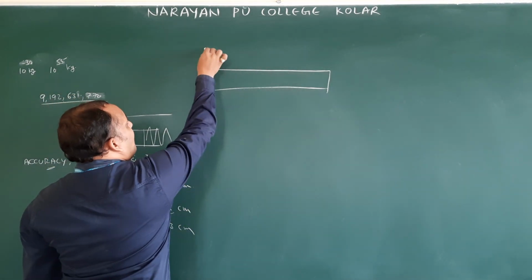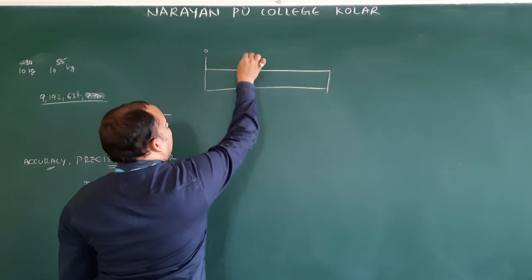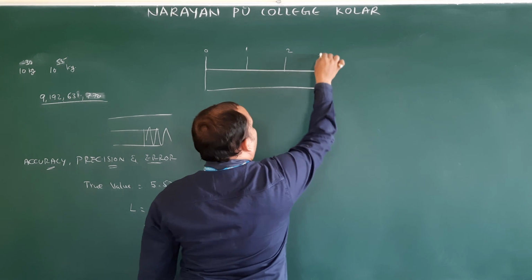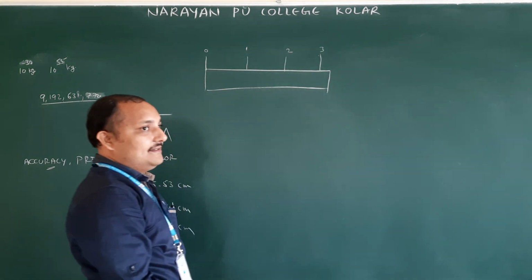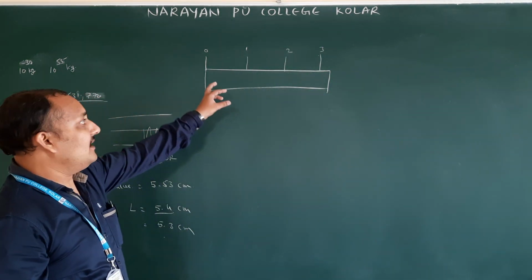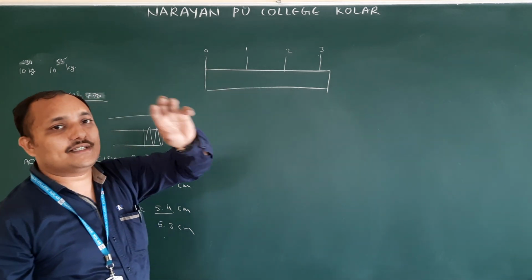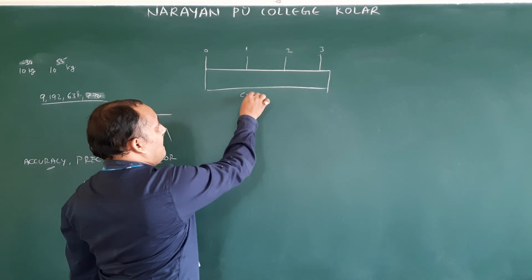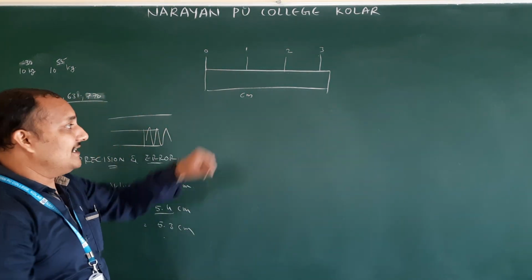Initially this is 0, 1, 2, 3. This scale's resolution is that the minimum we can measure using it is 1 centimeter.